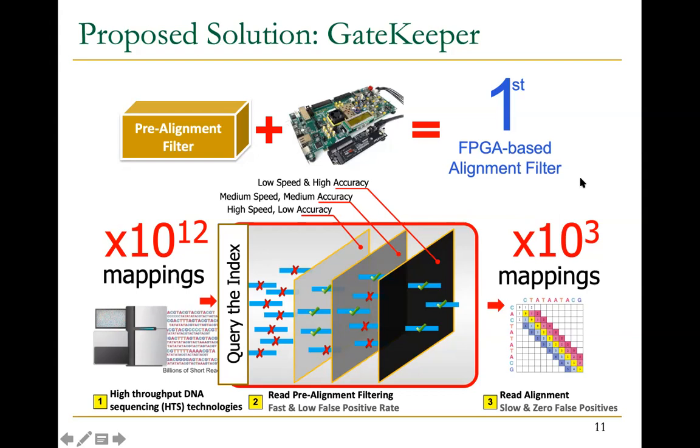So we go to each of these locations and try to fetch a segment that is equal to the length of the read or with a certain margin. So if the read sequence is 100, for example, you go to location 1,000 and you fetch 120 characters starting from location 1,000 or even before that by some margin. Anyway, at least it should be the same length as the read itself.